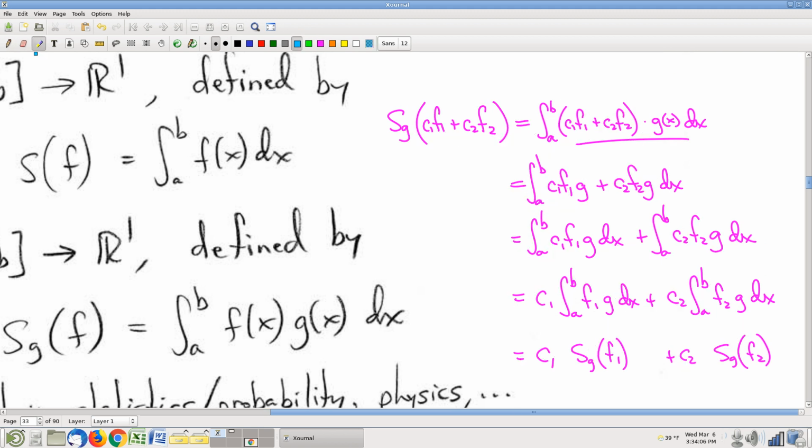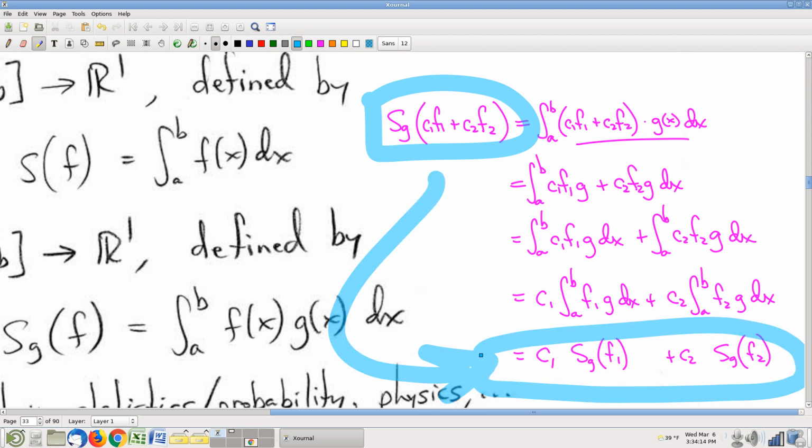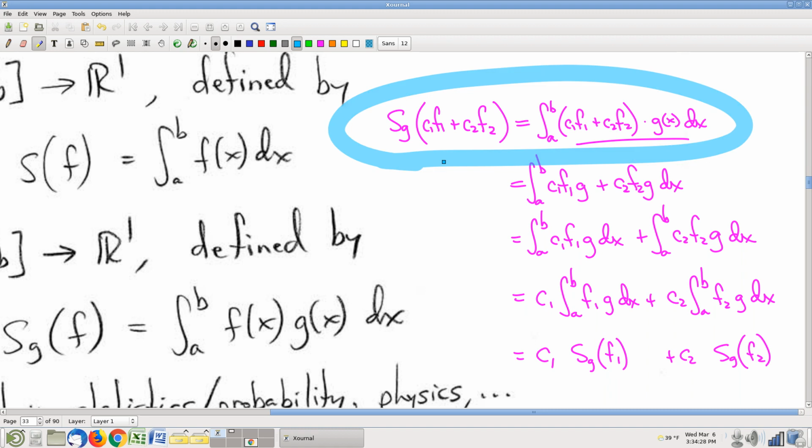Step 1. Put a linear combination in. Preview, I hope to find that I get the expected linear combination out. Linear combination in, linear combination out. Okay, so with this linear combination being put in, there's the definition of what that function S_g does to that input linear combination.